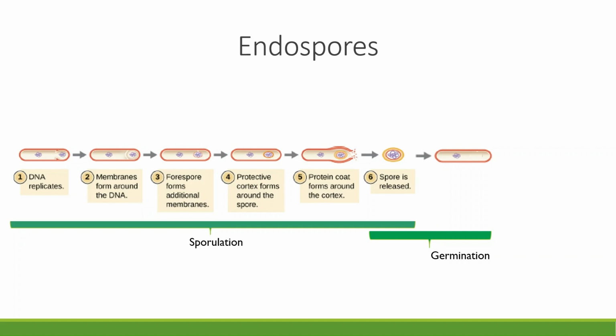Then a shell called the cortex forms around the forespore. After that, a final protein coat goes around everything. And then finally, the mature endospore is released from the cell. And we won't get into detail for germination, but it's essentially the process of creating a vegetative cell again.